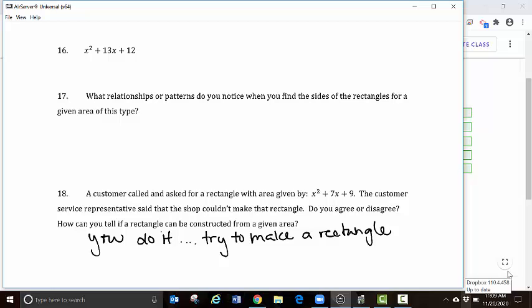Last but not least, what relationships or patterns do you notice when you find the sides of a rectangle for a given area of this type? I hope you would notice, if we went back and looked at our last one, x squared plus 11x plus 10, we're trying to figure out what multiplies to make 10 but adds to make 11.